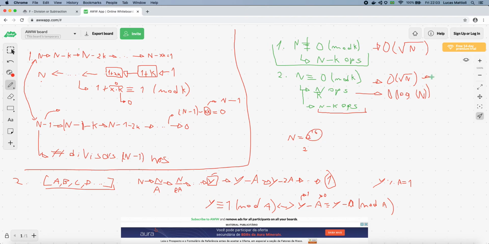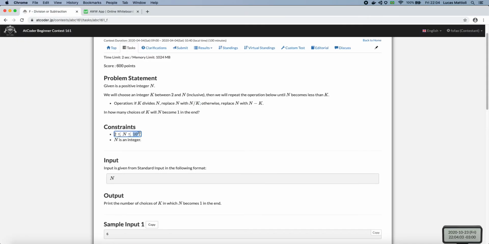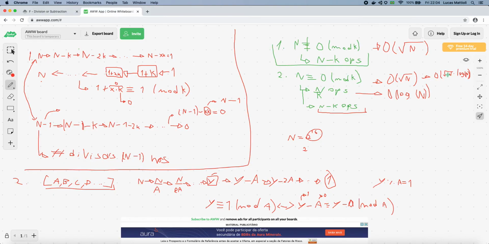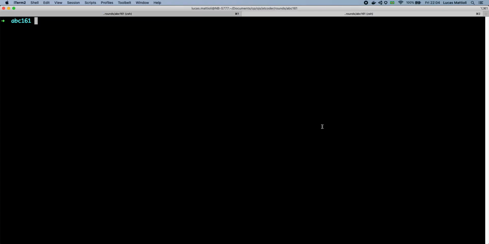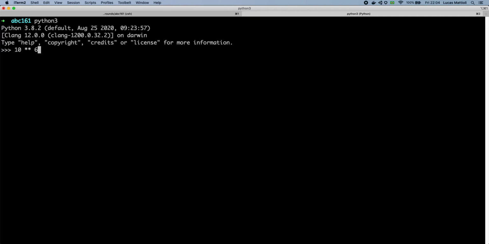So overall we have a complexity which is square root of n multiplied by log n, which is the worst case. So in this case, n is close to 10 to the power of 12. So this operation here will be like 10 to the 6, and this here will be like 40. So in the end, we'll have like 10 to the power of 6 multiplied with something like 40, which is 4 multiplied with 10 to the power of 7, which is pretty okay.